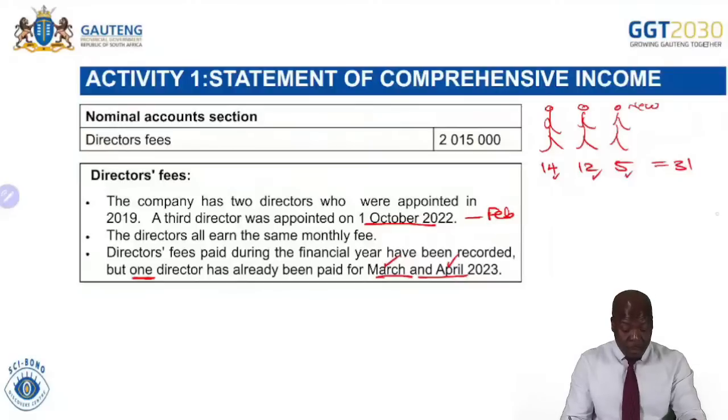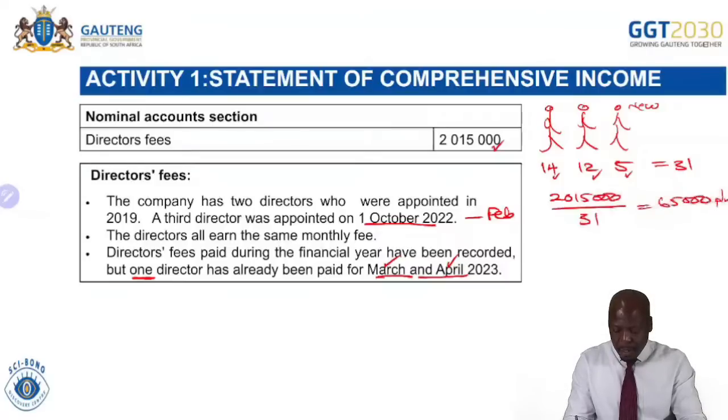It means this 2,015,000 is for 31 months. How much is the director's fees per month? It will become 65,000 per month, per director.